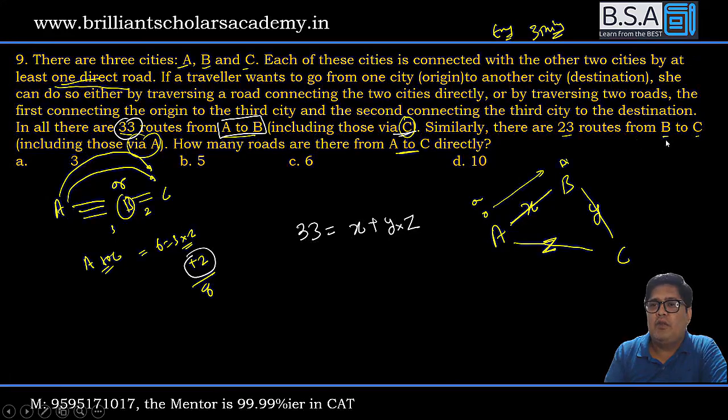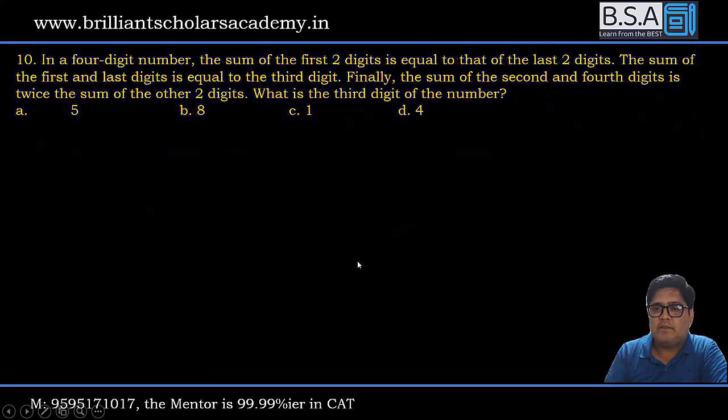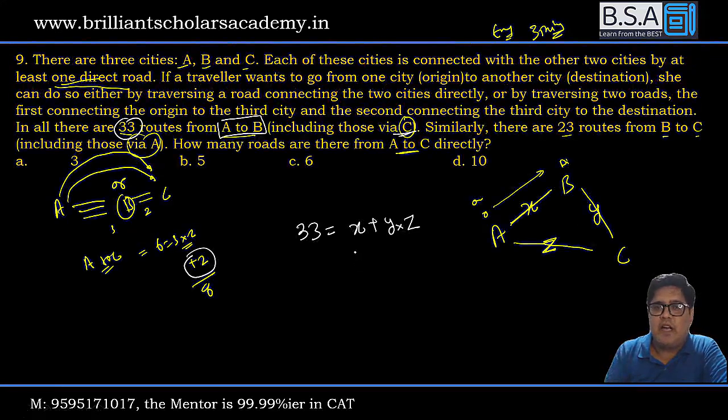If you want to go from B to C, direct roads are Y. But if you go to A and then come back, roads are X into Z, which is 23.